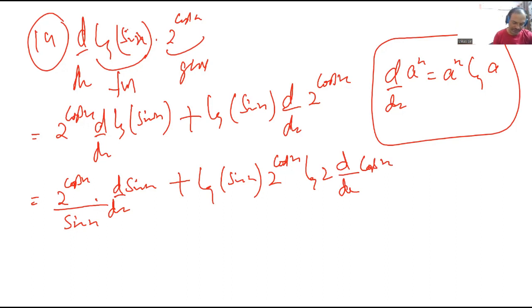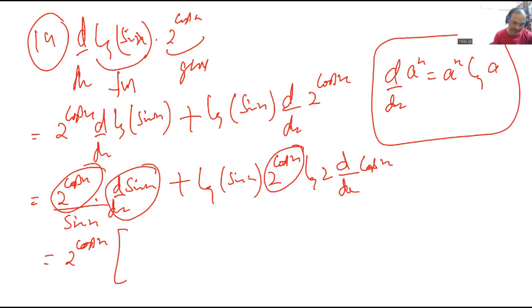Now, the next part, the first thing which I can take common is 2 raised to power cos x here, and 2 raised to power cos x here. I can take this common out. Here this is 2 cos x, and here this is sine x, and this is d by dx of sine x. D by dx of sine x is cos x, and here this is sine x.